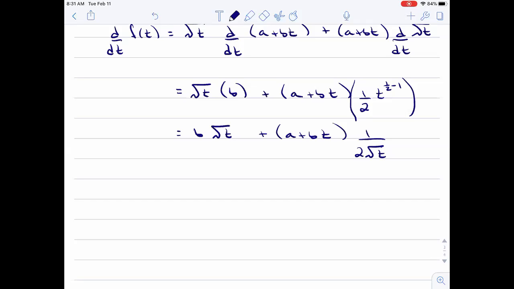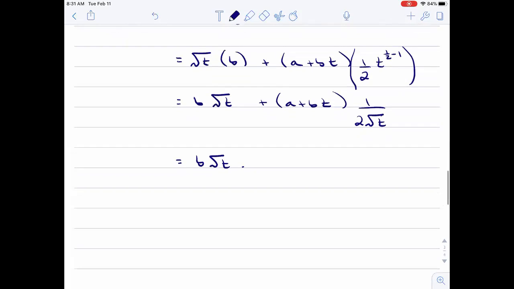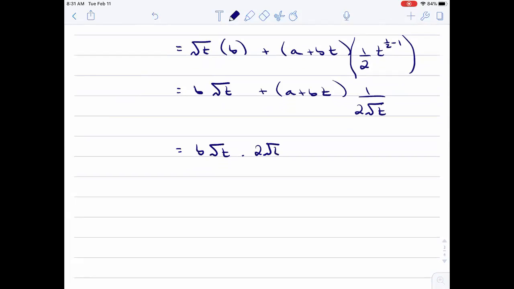If we want to combine these, try our best to simplify. We need a common denominator, right? And so we've got b root t, oops, not root 2, b root t times 2 root t over 2 root t.